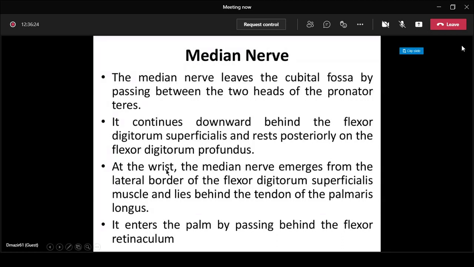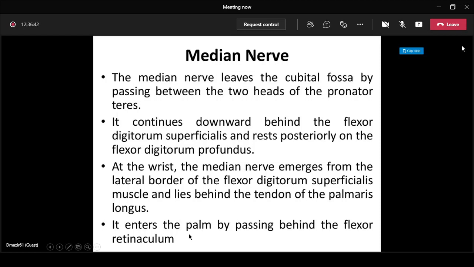At the wrist, the median nerve emerges from the lateral border of the flexor digitorum superficialis muscle and lies behind the tendon of the palmaris longus. It enters the palm by passing behind the flexor retinaculum.